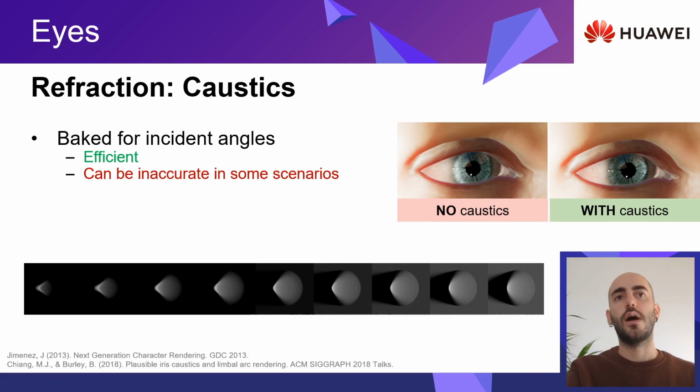Caustics in O3D are applied using a baked irradiance map for different incident angles, and in runtime this only involves a single texture fetch, which is faster than computing the actual refraction. The downside is that it can give inaccurate results in some specific scenarios. We provide a standard irradiance map for a generic eye, but if we wanted to vary drastically the indices of refraction or the iris size, then we will need to bake again all the slices.